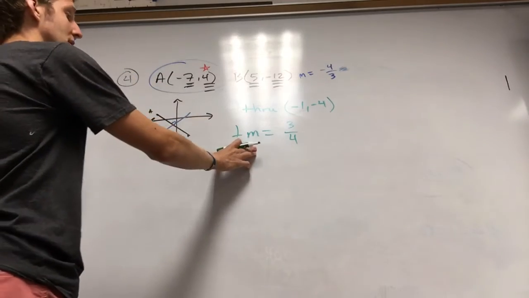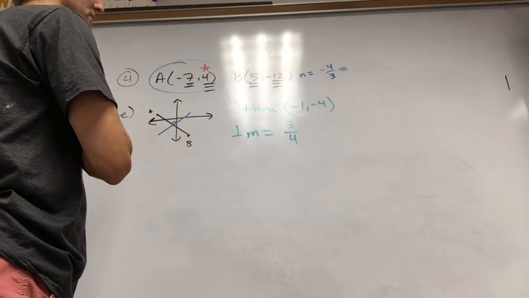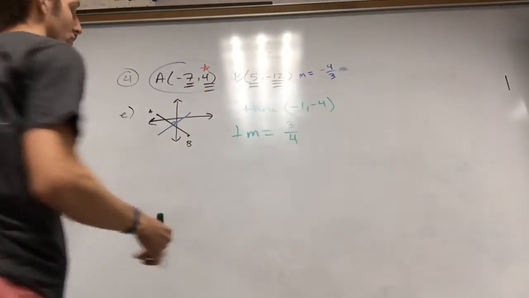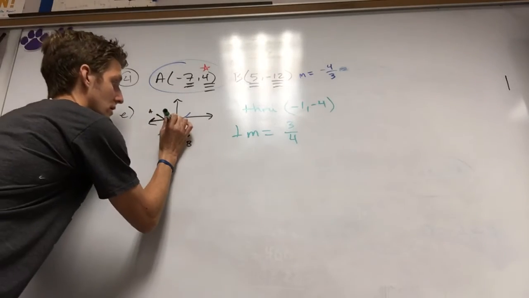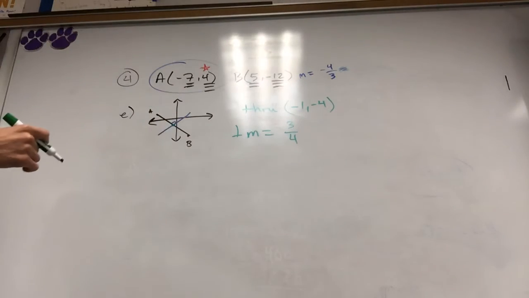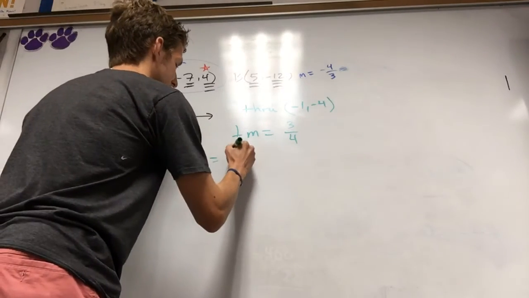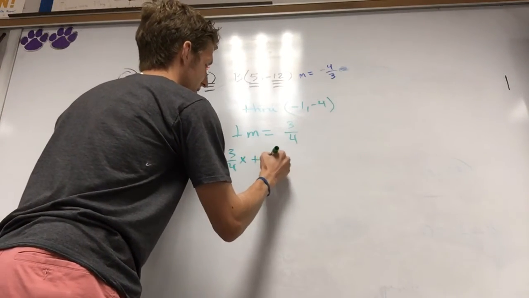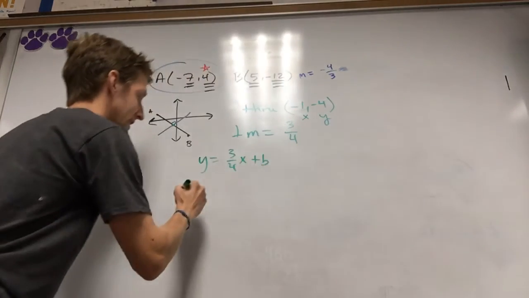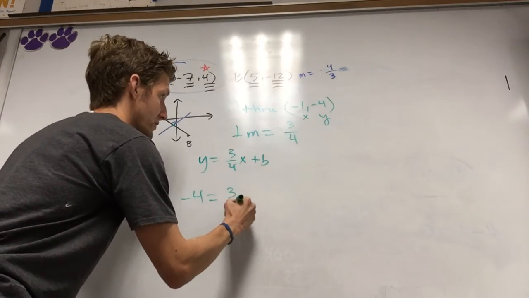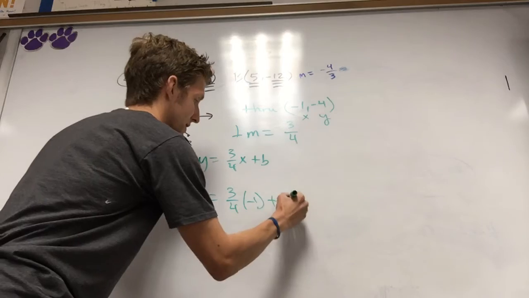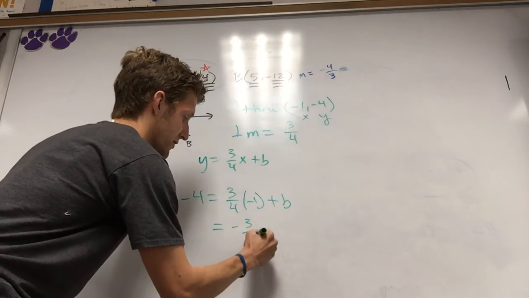So I know my perpendicular bisector is going to have a slope of 3/4, and I know it has to go through the point -1, -4. Okay, so y equals 3/4 x plus b. There's my x, there's my y. -4 is equal to 3/4 times -1 plus b. This is a -3/4.